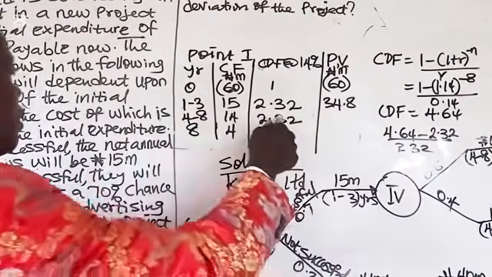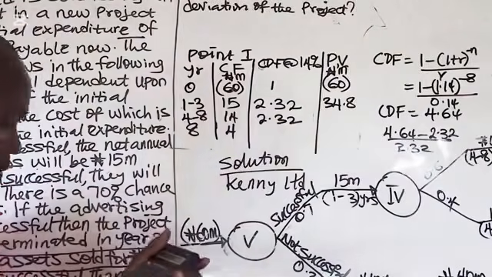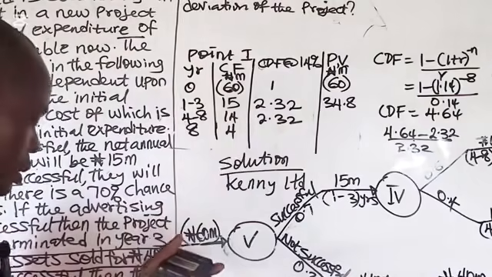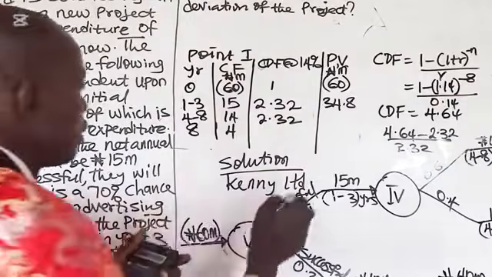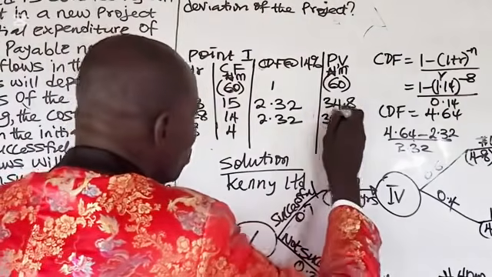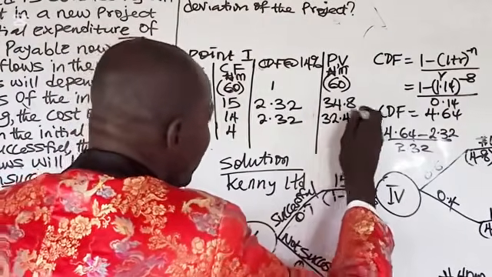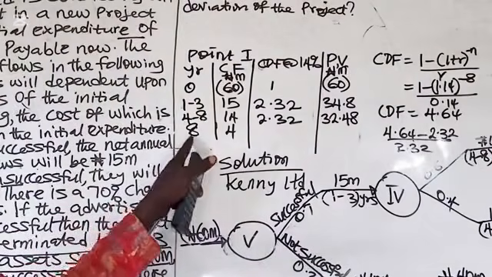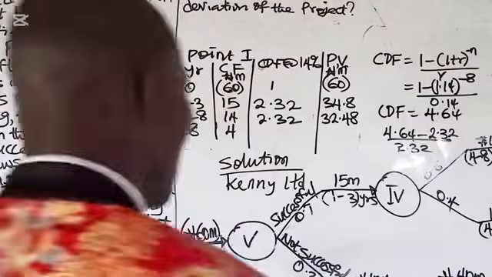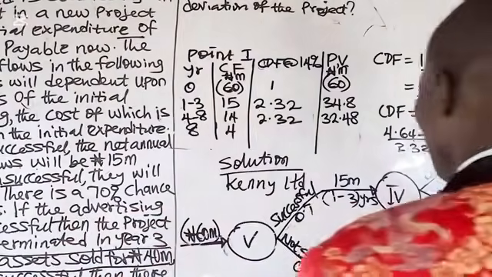So the present value is 2.32 times 14, that is 32.48.